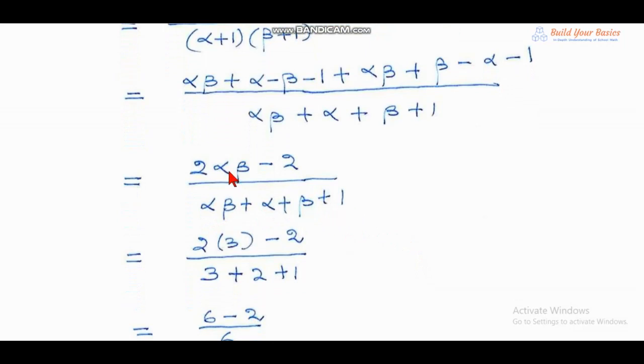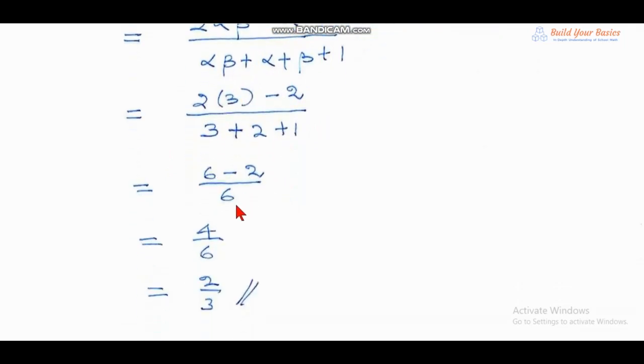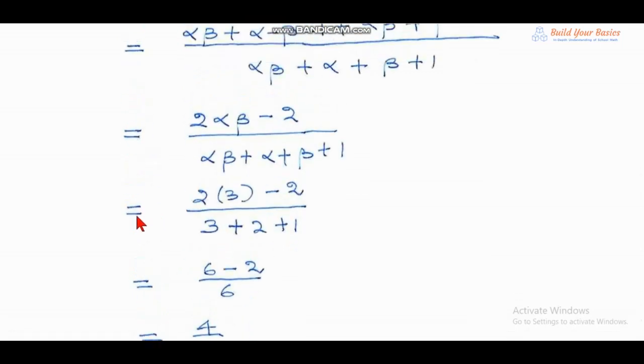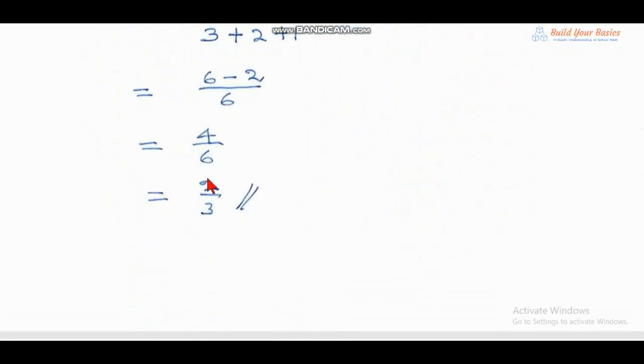Alpha beta is 3, alpha plus beta is 2. So 2 into 3 minus 2, divided by 3 plus 2 plus 1. That is 6 minus 2 by 6, that is 4 by 6, that is 2 by 3. So S equal to 2 by 3.